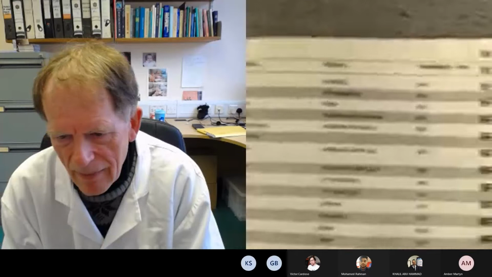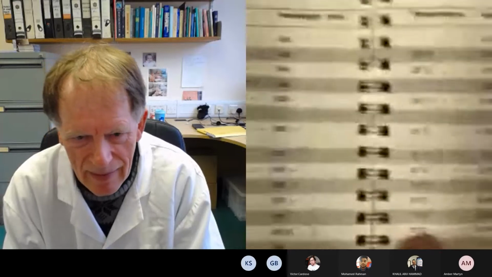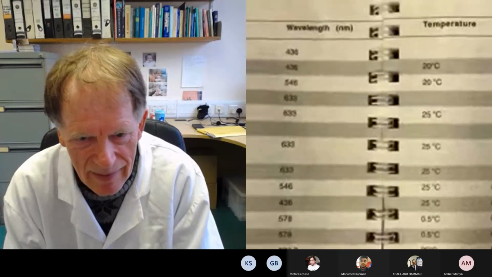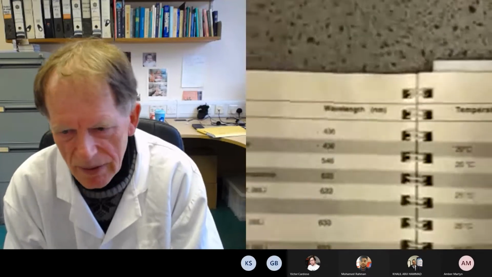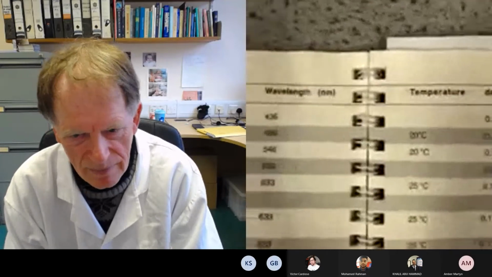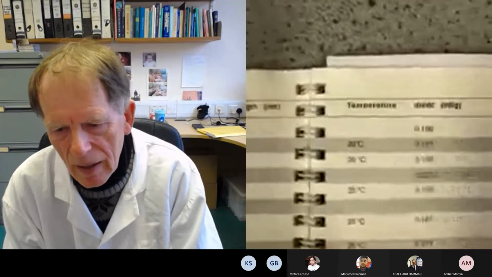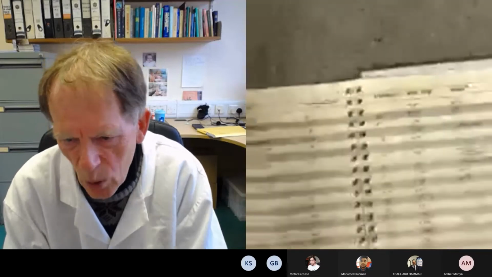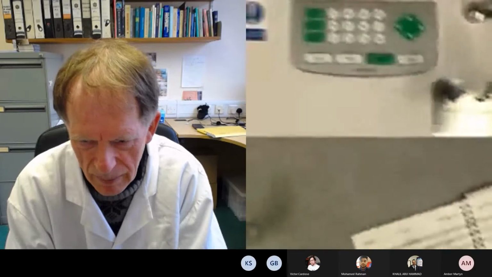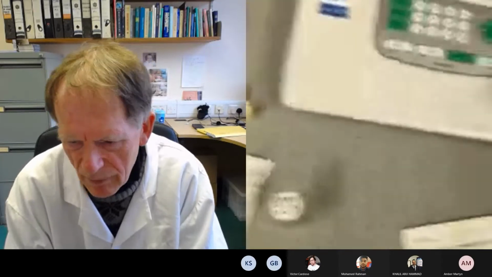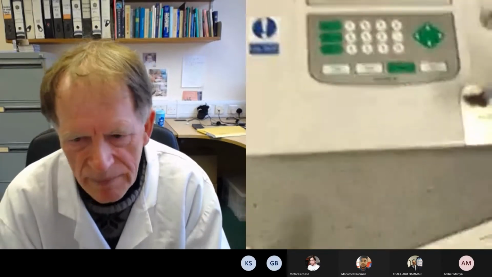Actually, this one says it was 0.5 degrees. Yeah, it depends on temperature. There is some temperature dependence. It's slightly lower. If we go for 25 degrees, it's 0.182. Okay, but it's of the order of 0.18, 0.19 mils per gram, which is an average value for a protein.